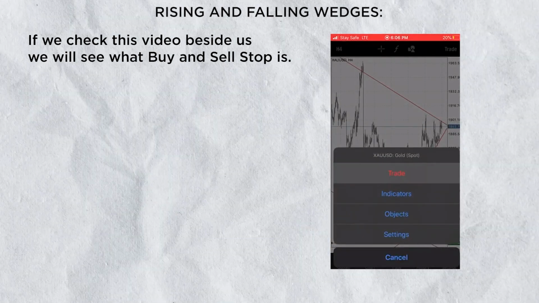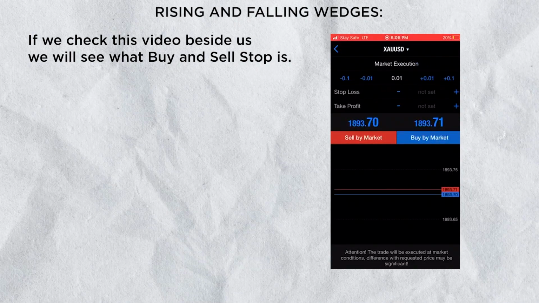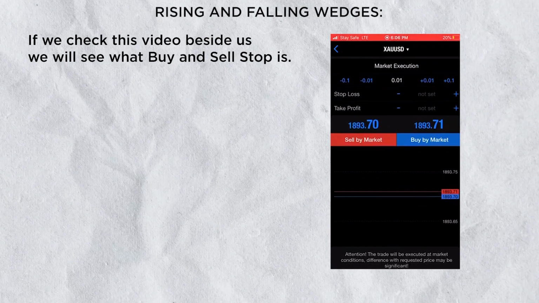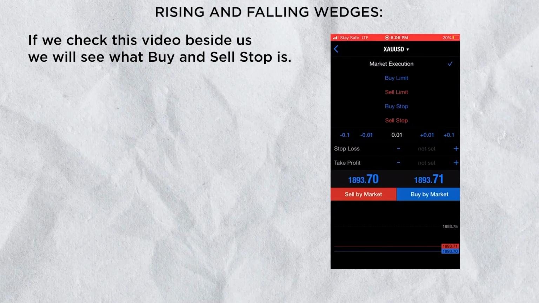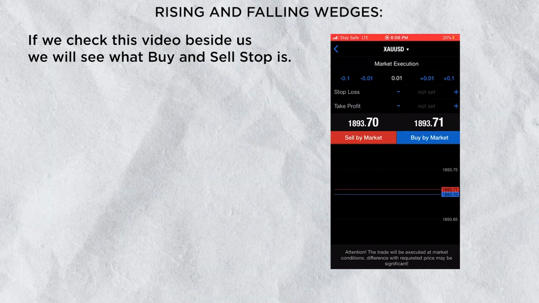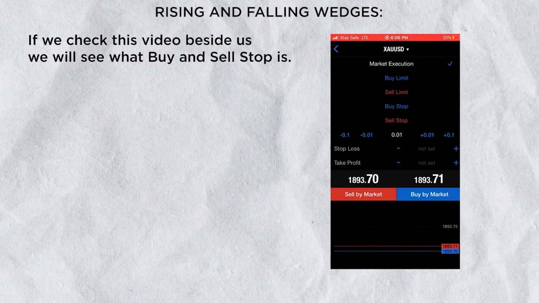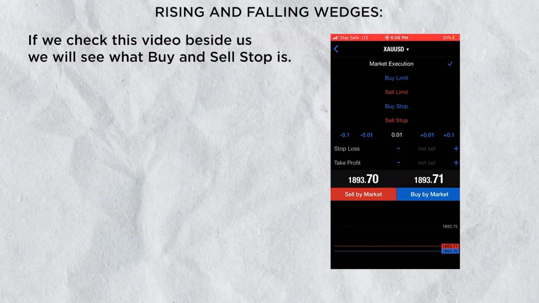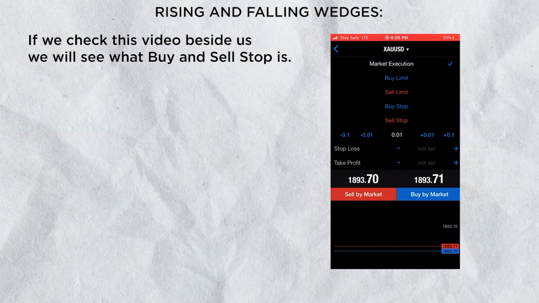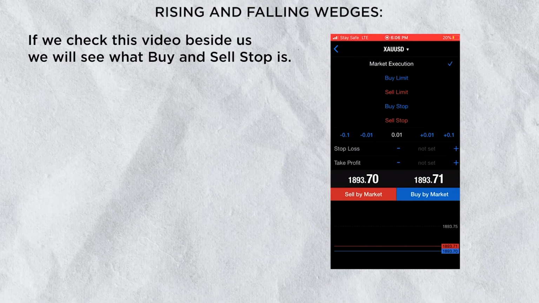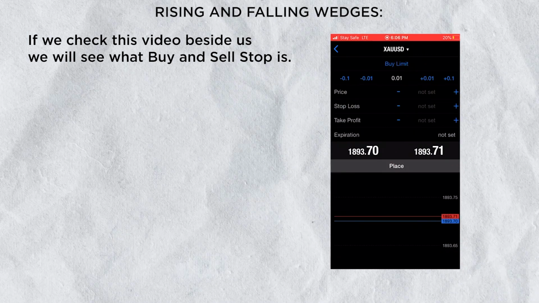So you just go to your trade as if you want to trade. This place right here that reads market execution, you click on it. Currently instant execution or market execution is selected. So if you want to place a buy limit instead, you click on buy limit.